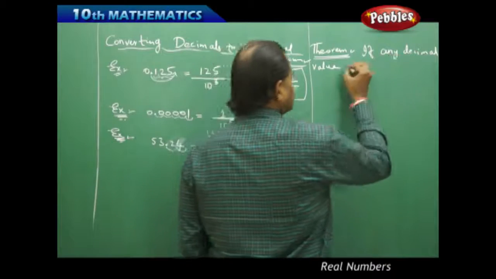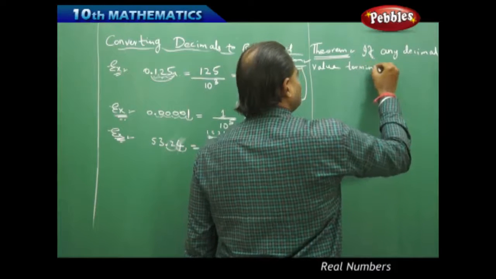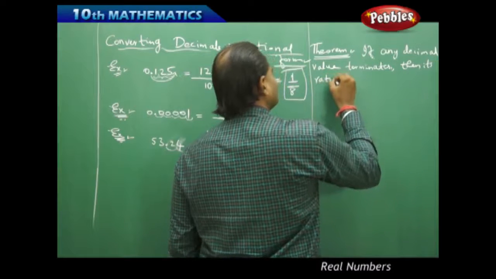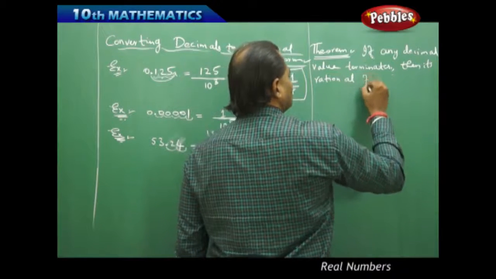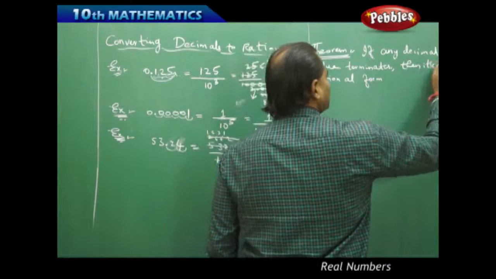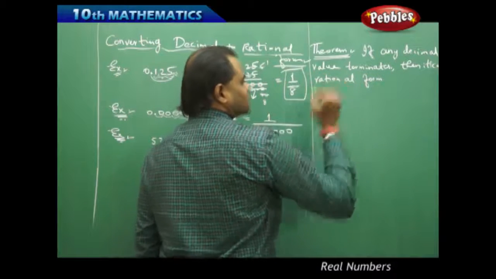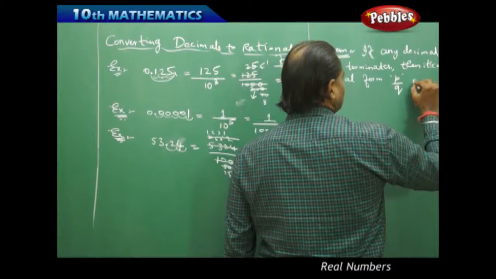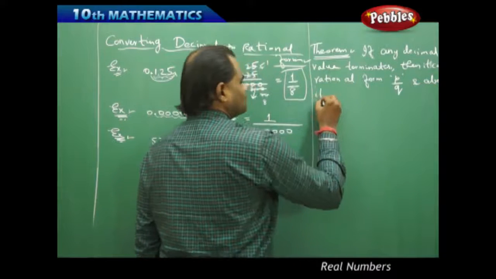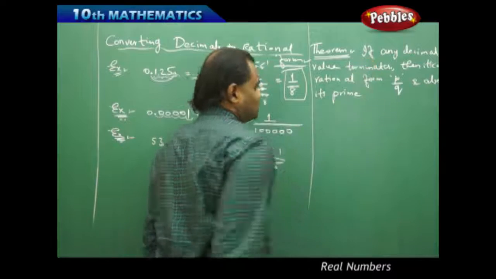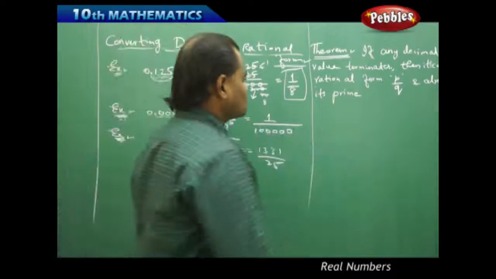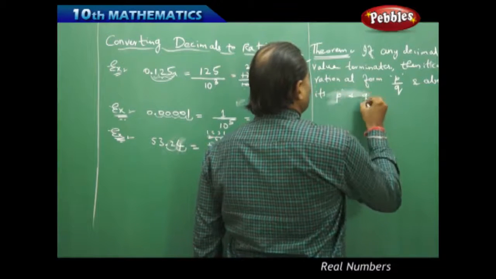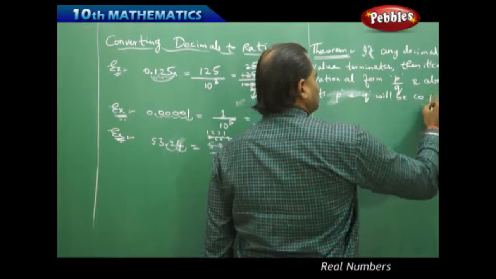So the limited decimal value, if any decimal value terminates, then it can be expressed in rational form P by Q, and not only that, its most simplified answer will be, and its P and Q will be coprimes.